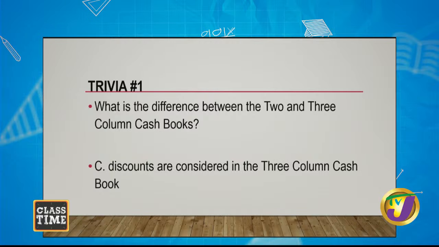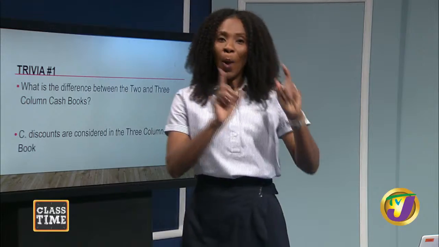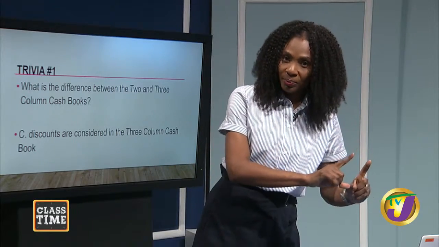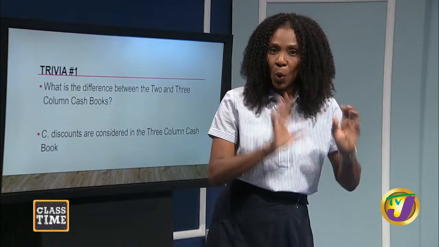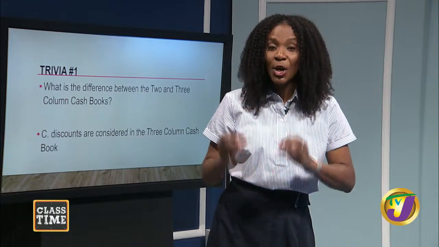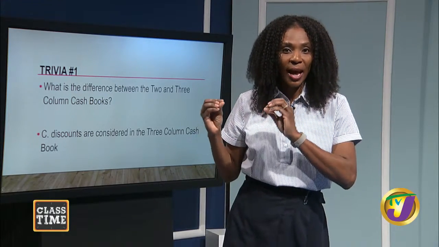So once it is stated in percentage, you will have to calculate. If it's 2% that is given, 2 out of 100 times whatever money was owed. When you work that out, that is not the answer. You will now subtract that from the original sum that was owed, and that will be your discounted amount.